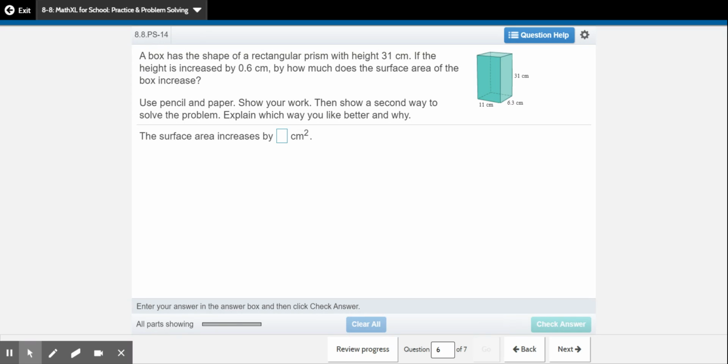All right, so we're going to start off with finding the surface area of what they gave us. So again, I like to label all of my sides. So let's start with the front, and the back.